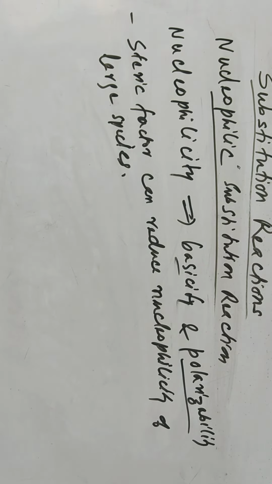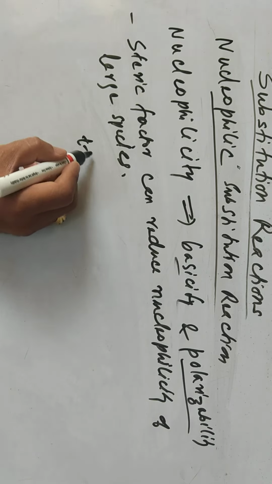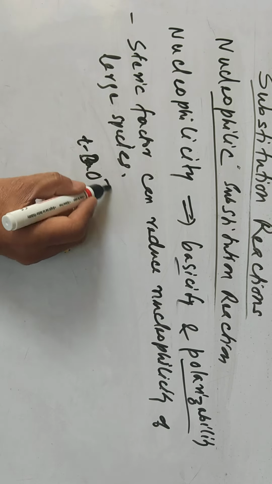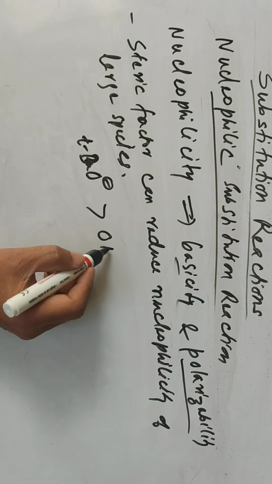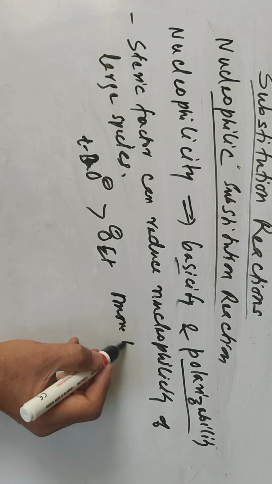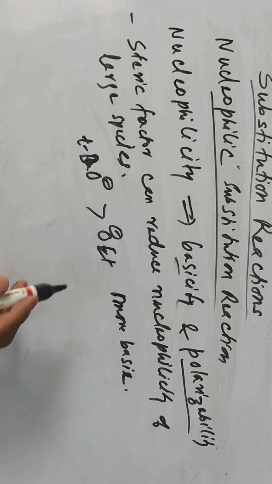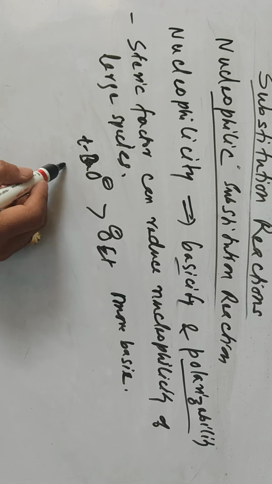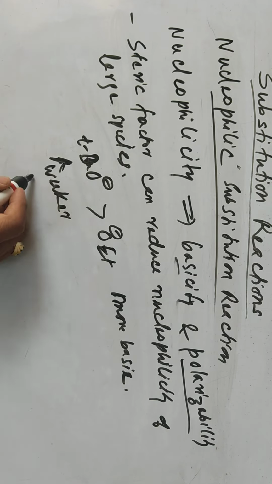For example, tert-butoxide ion is more basic than ethoxide ion, but tert-butoxide is a weaker nucleophile.